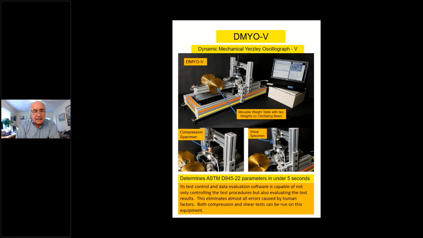So that being the case, as we can take a look in the lower left corner, the compression specimen, and the lower right corner, there is a shear specimen. So basically, this is how we move.